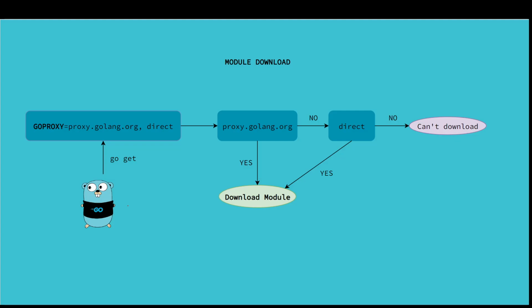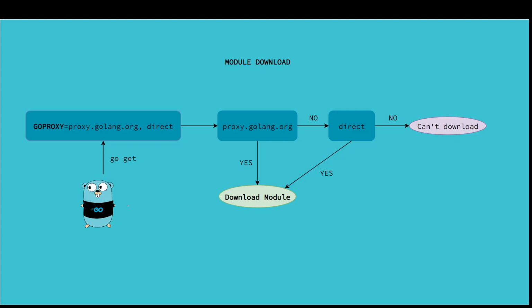So first it will try the proxy that is maintained by Google, and it basically caches all the public repos in this proxy. So if your repo is public, it will go to the proxy.